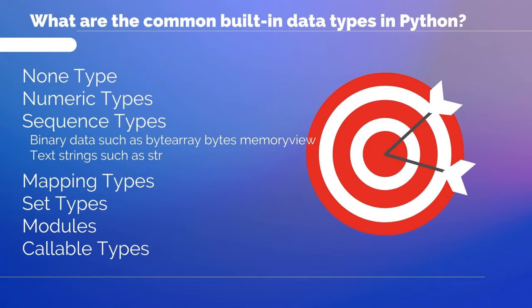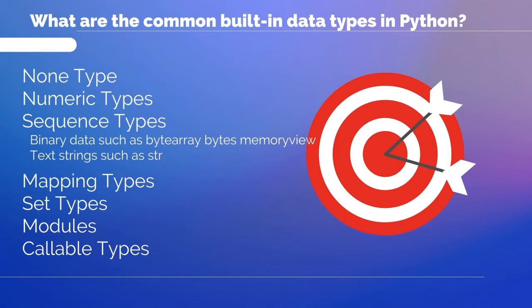Python provides type and isinstance functions to check the type of these variables. These data types can be grouped into categories like none type, numeric types, sequence types, mapping types, set types, modules, callable types. None keyword represents the null values in Python. Boolean equality operation can be performed using these none type objects.